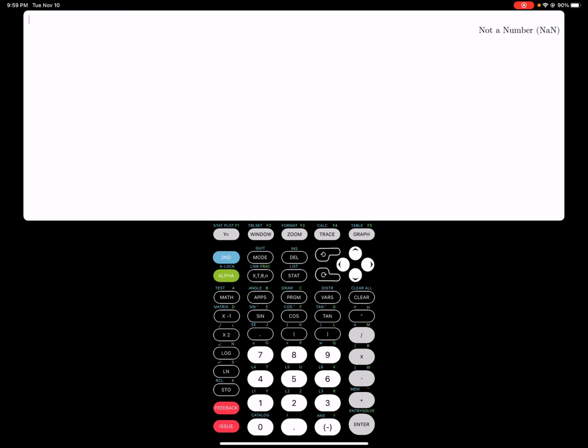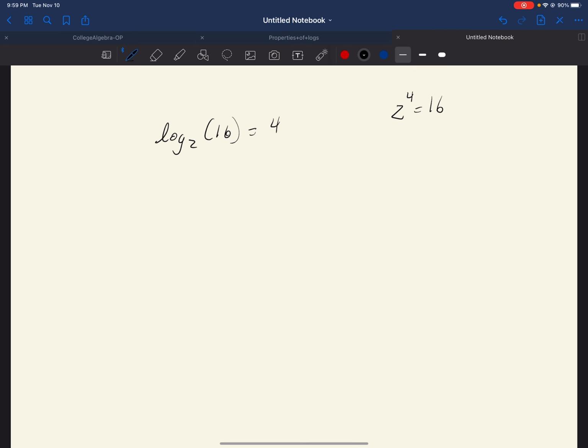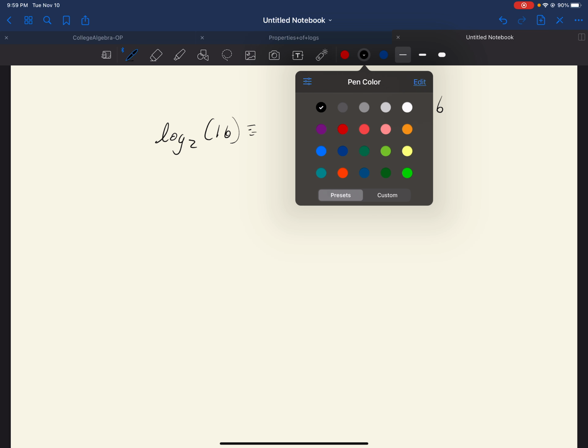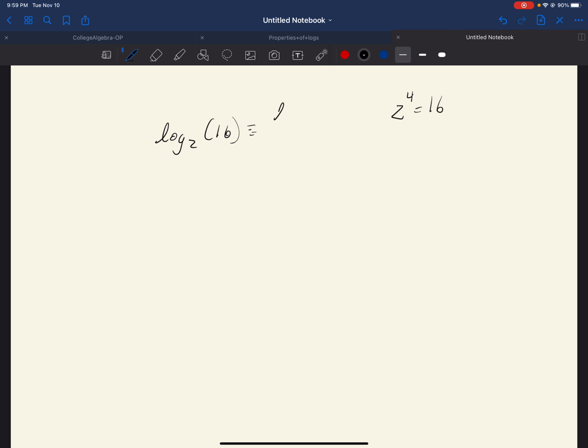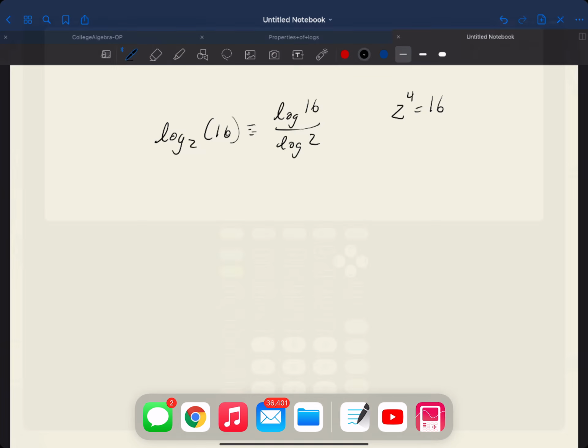If I wanted to figure out what this was, and let's say I didn't know that, I could change the base and say that's log 10 of 16 divided by log 10 of 2. Let's try and play that out in this calculator.